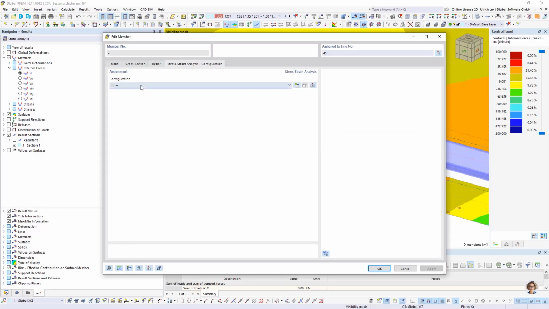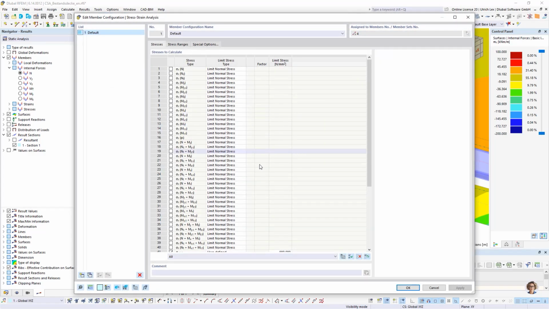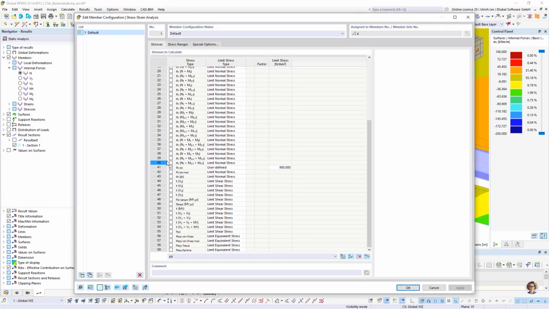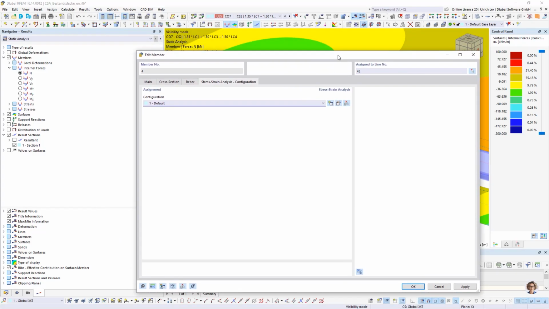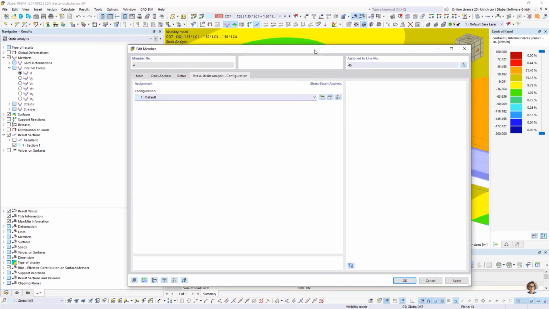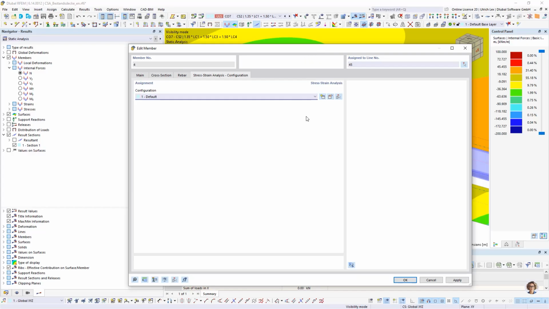You can add a stress-strain analysis here, maybe, and choose the sigma in X direction to check it to a limit stress, and run the design in this way. But it's only a stress-strain check. Maybe you need some additional checks for it.